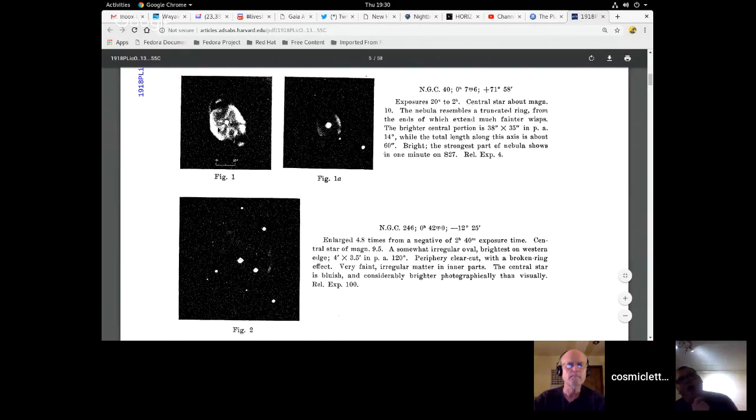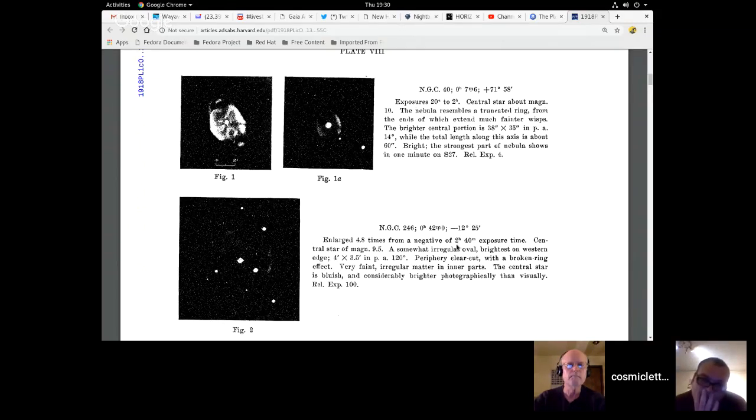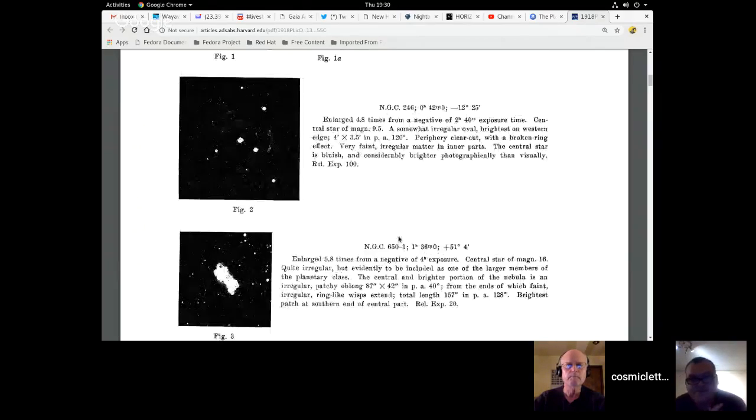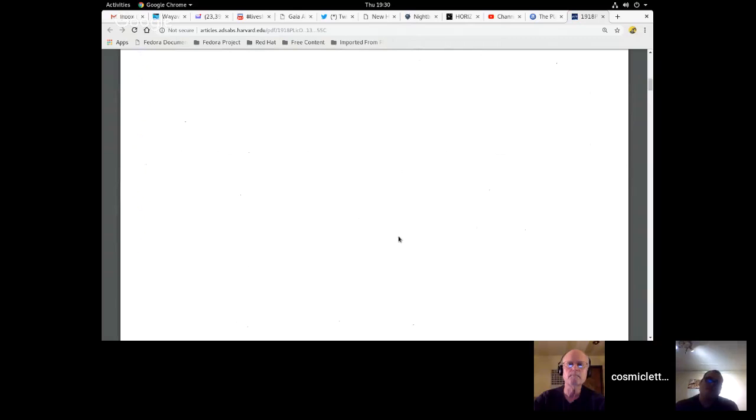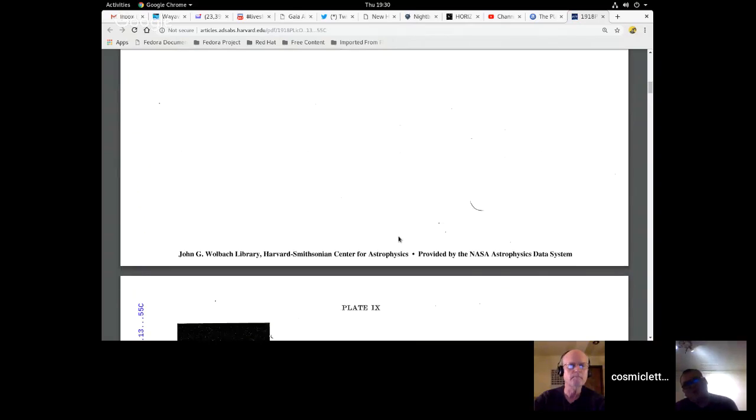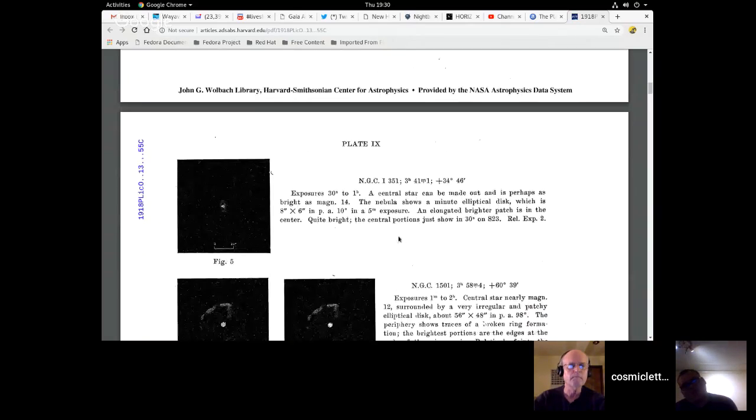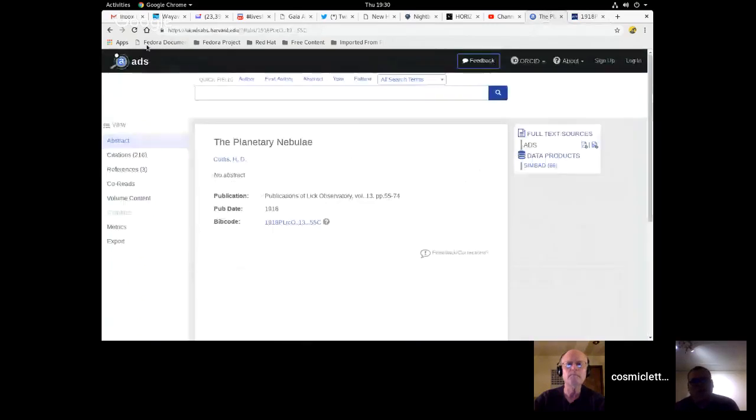I guess this is probably a 2-hour one, and this is a 20-second one, I would think. Maybe not. Here's some 2 hours 40 minutes exposure time of NGC 246. Okay, so they're just going to start going through them all here, it looks like. So what was our guy? I don't remember now.